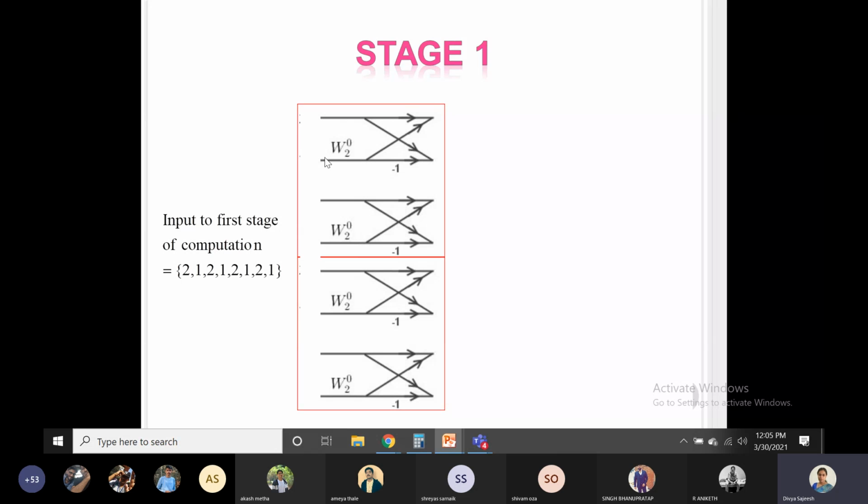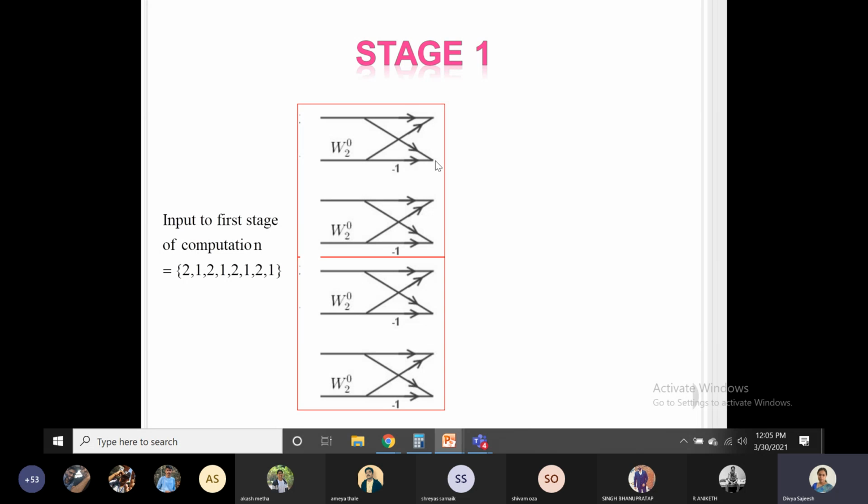The second input of this butterfly diagram has to be multiplied with W2 raised to 0 as well as with minus 1. In one case it will be multiplied only with W2 0 and it will come here, and in the second it will be multiplied by this as well as minus 1 and it will come to the bottom output.